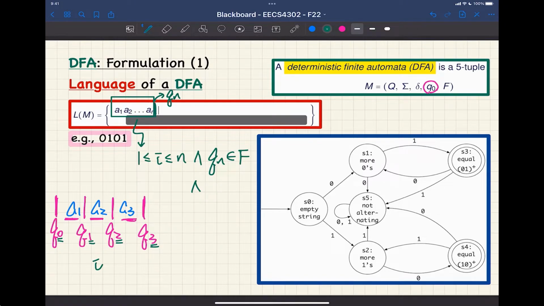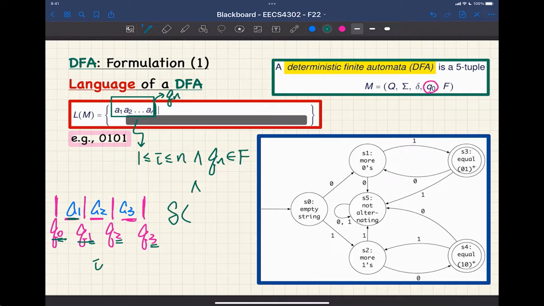Before I point to Henry to see if anybody wants to give it a try, let me give you some hints over here. When you go from Q0 to Q1, how do you relate them? Delta is a transition function.